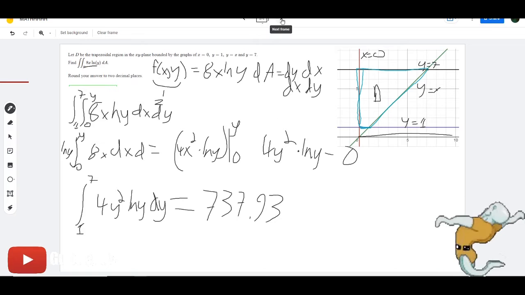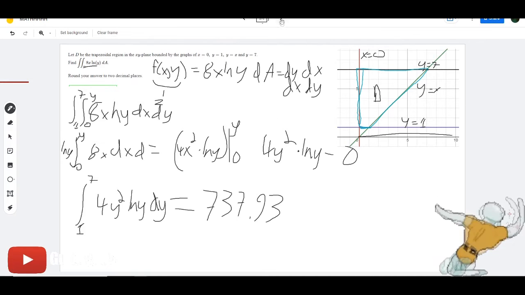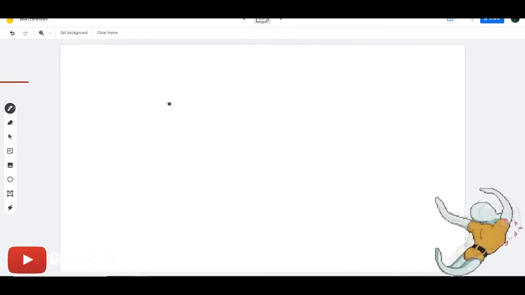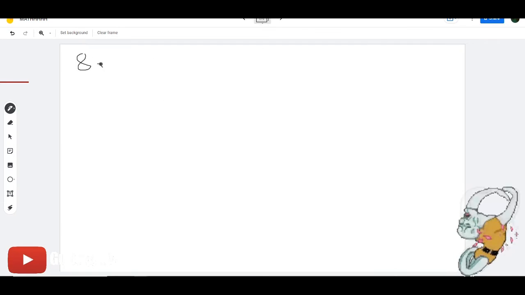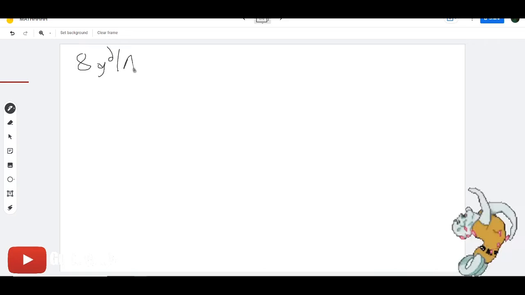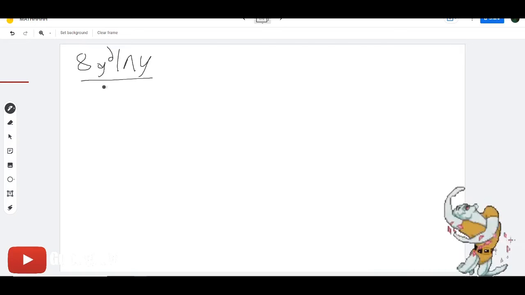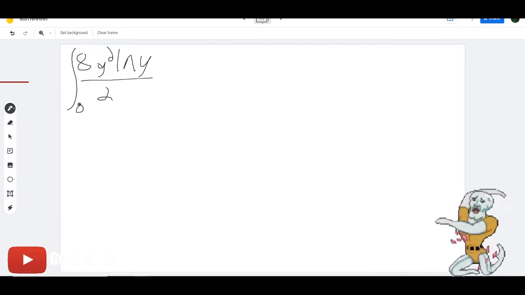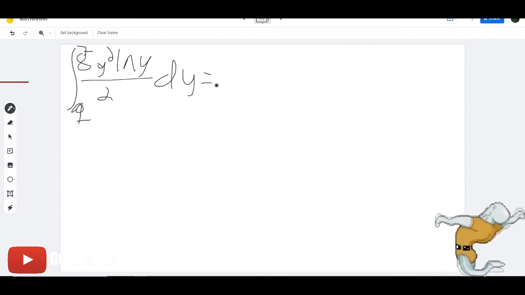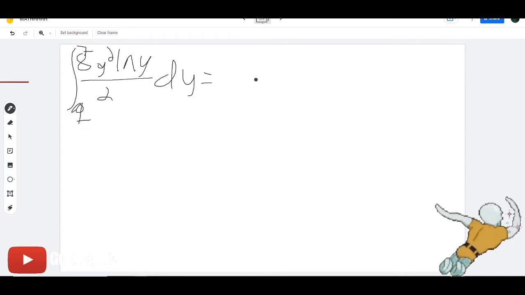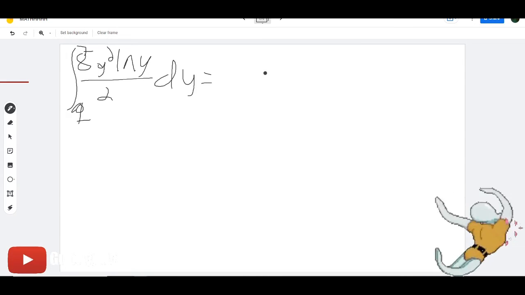And remember, we're integrating from 1 to 7 as shown on this graph. If you want to know how to integrate, I'll do that now. So 8y squared ln y over 2, integral from 1 to 7, dy.